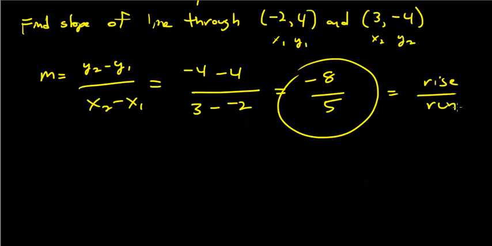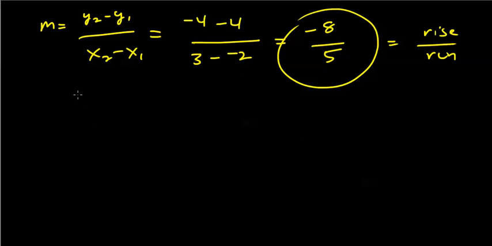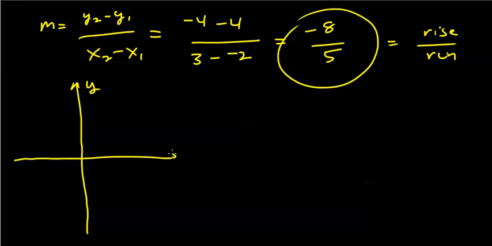If I graph these points, minus 2 comma 4 is up here somewhere, and 3 comma minus 4 is down here somewhere.